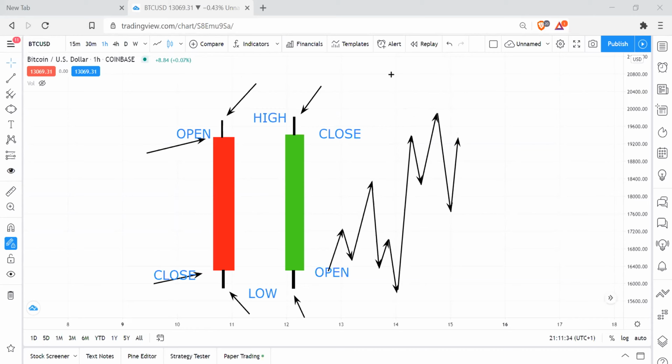This point down here. Where's the highest point that price got to? Over here. This is the high. Where did price close? It ended here. That's the close. And where's the lowest point? Down here. And there you have it.